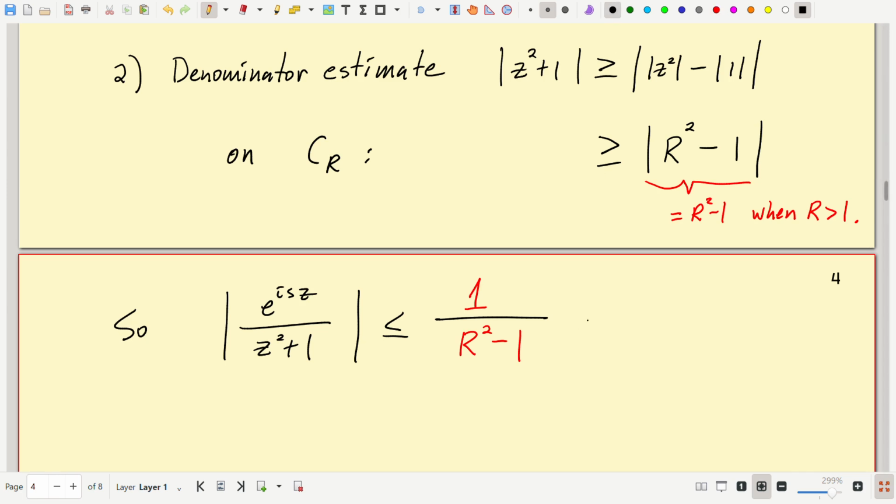Okay, so that's true on C sub r when r is bigger than 1.